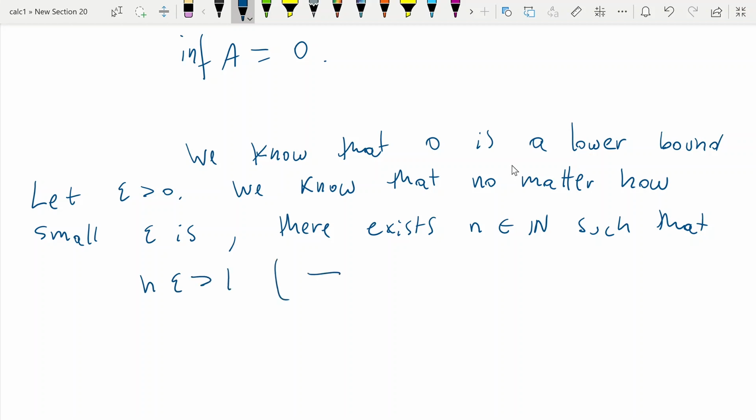And this in turn is equivalent to saying that epsilon is greater than 1 over n.